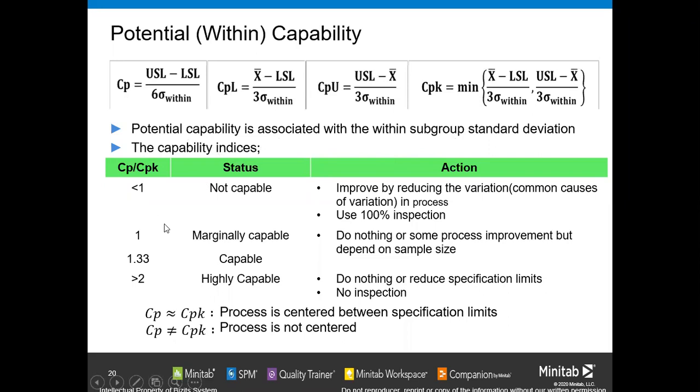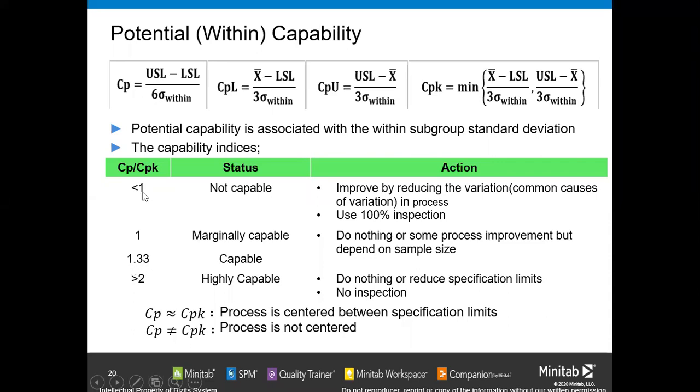I think most of us already know the standard one is 1.33. If it is more than 1.33, it is highly capable. So maybe you need to do nothing, or reduce the specification limit, or there is no need to do the inspection, if your CP or CPK is more than 2 or more than 1.33.